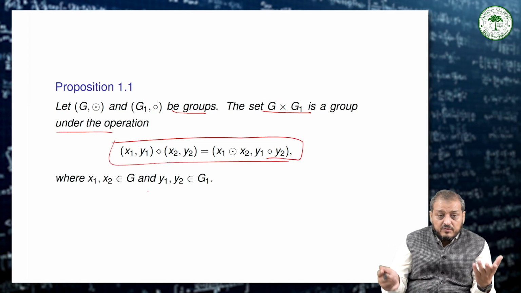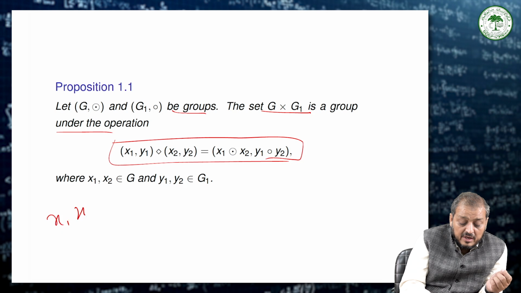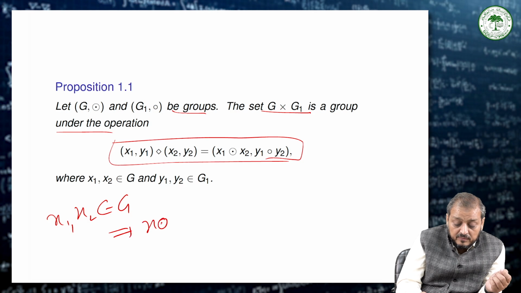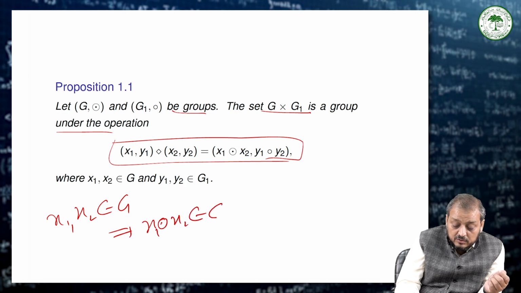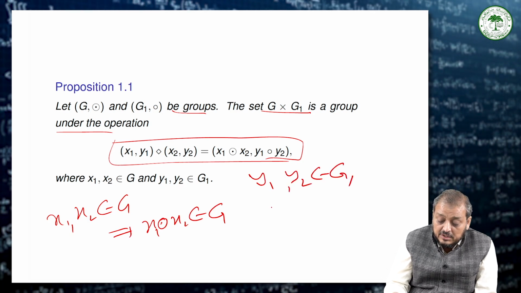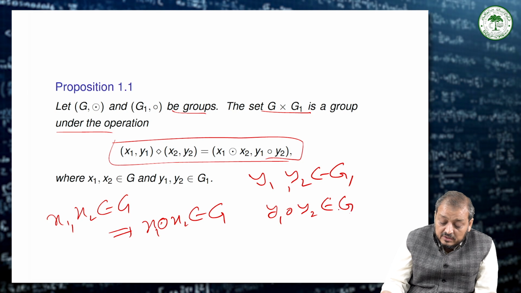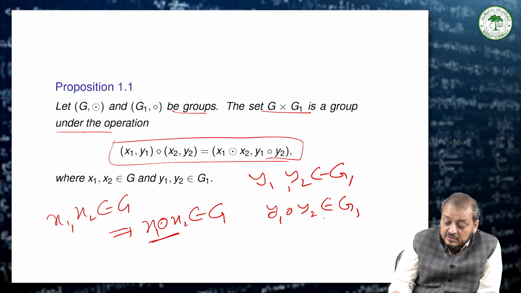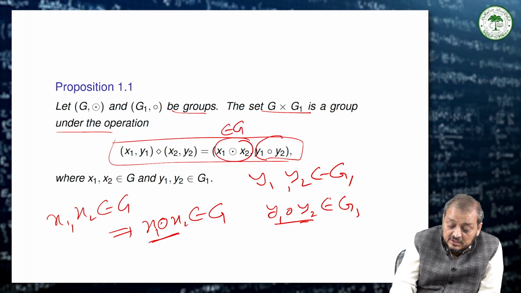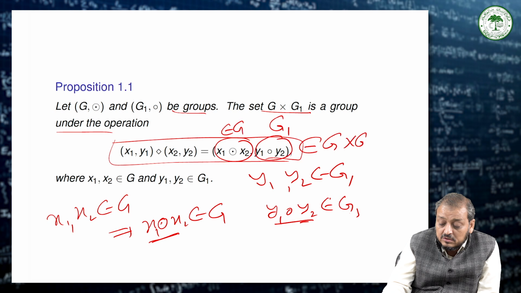First, G is a group and G1 is a group. Where x1 and x2 are elements of G, x1 composed with x2 is also an element of G. Also, y1 and y2 are elements of G1, so y1 composed with y2 is also an element of G1. Then clearly this pair is an element of G cross G1. So (x1, y1) diamond (x2, y2) is also an element of G cross G1.